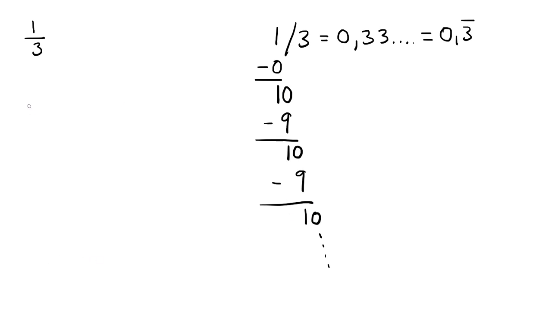In the same way, using the division algorithm, we can see that, for example, 1/8 can be written as 0.125. 1/6 can be written as 0.1 followed by infinitely many 6s. Because you can notice here that 1/6 is a half of a third.